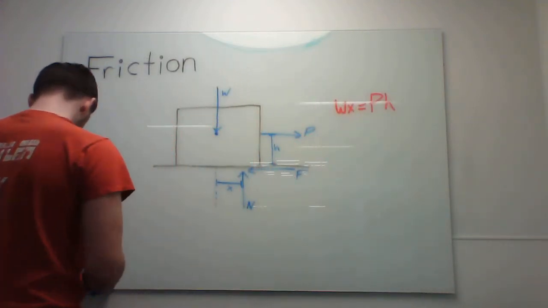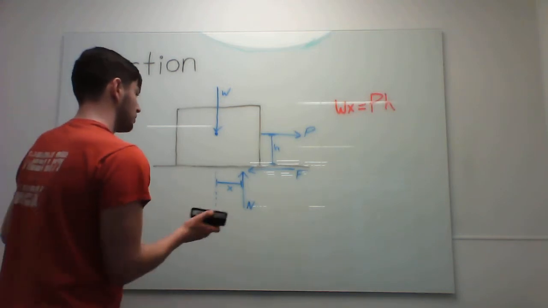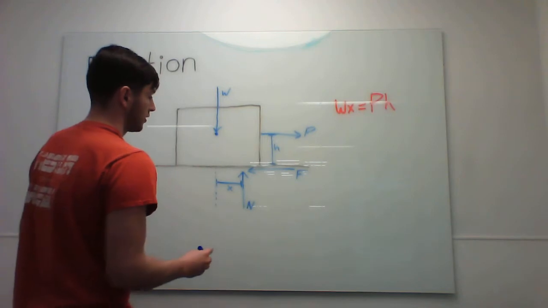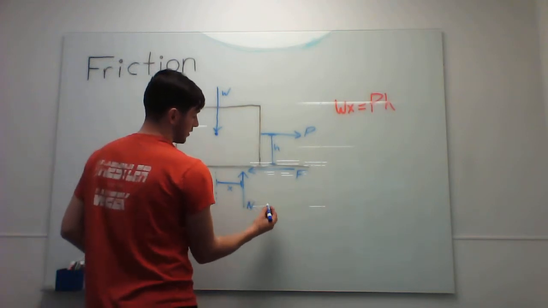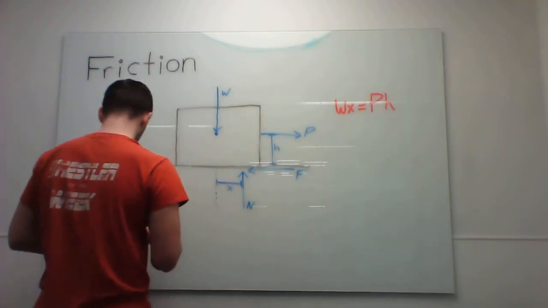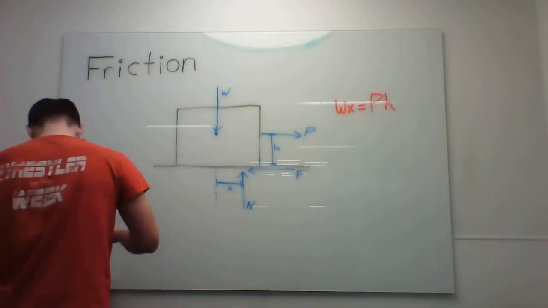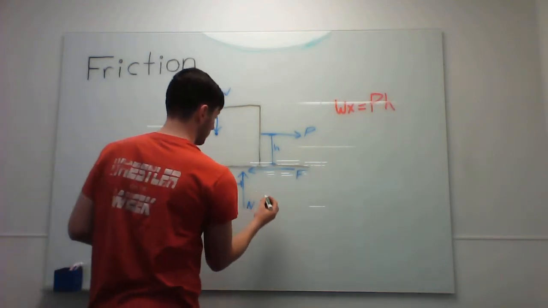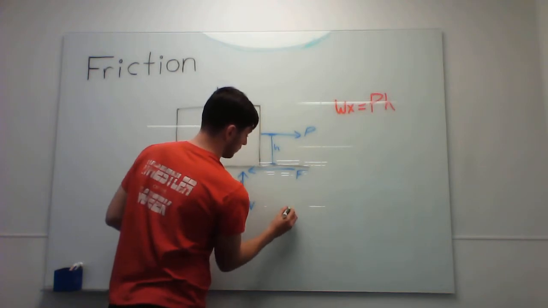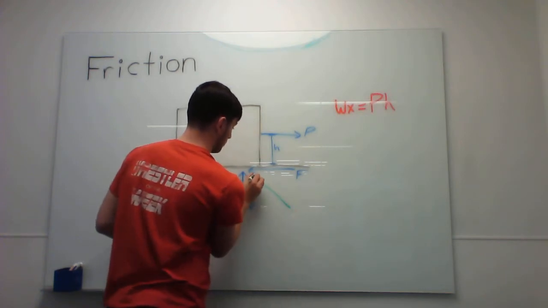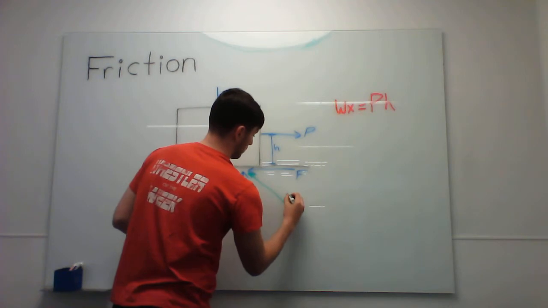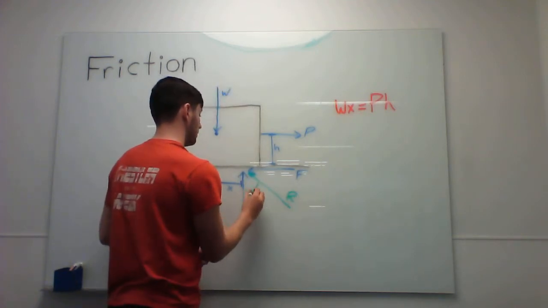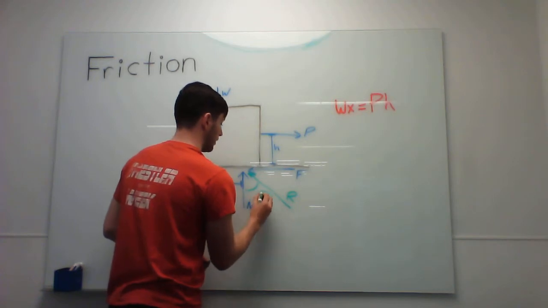So doing this is going to give us a resultant force between this F and N right here. It's going to produce a resultant force, and we also are going to end up with this angle.